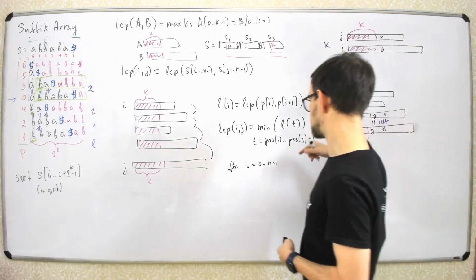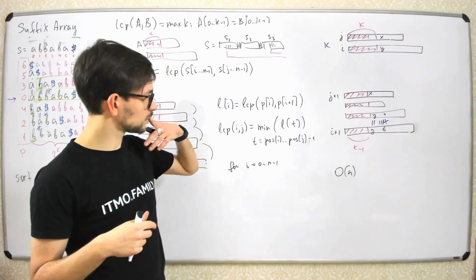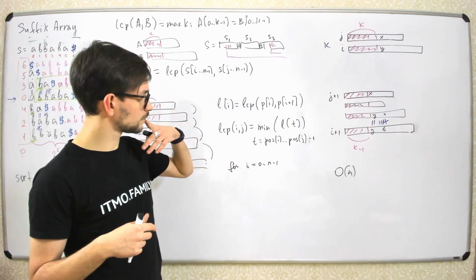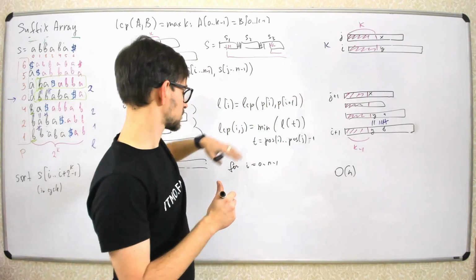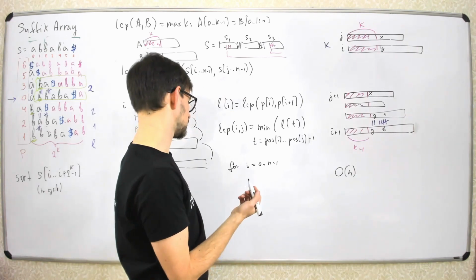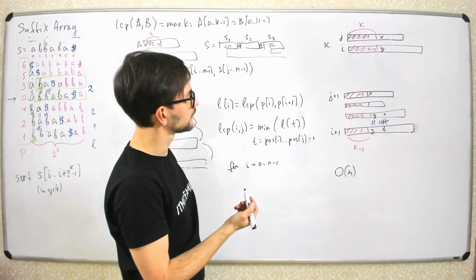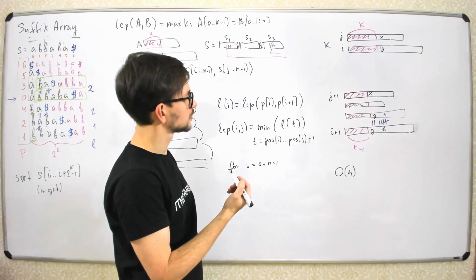Then we try to calculate this. So we take suffix i, j. I want to find the position, right?